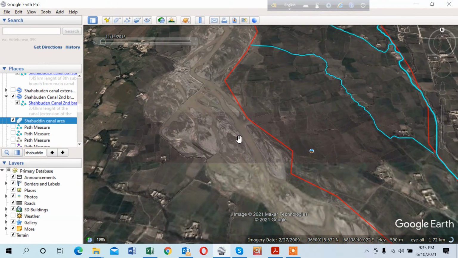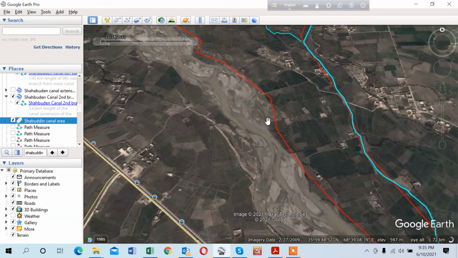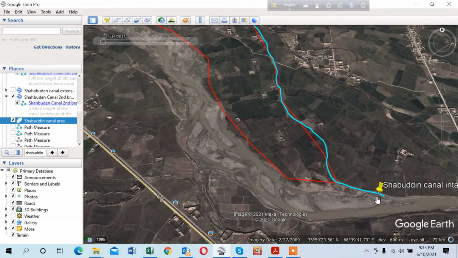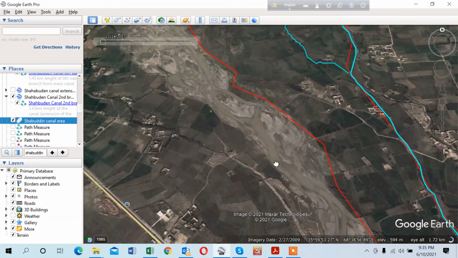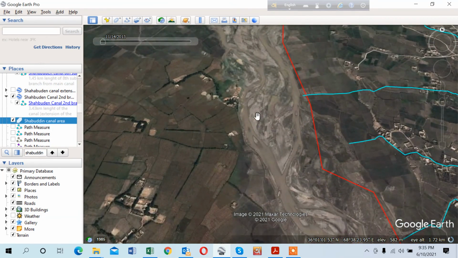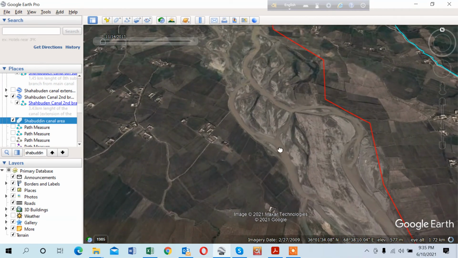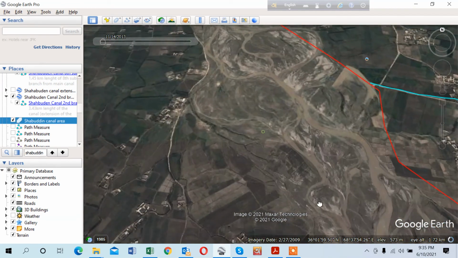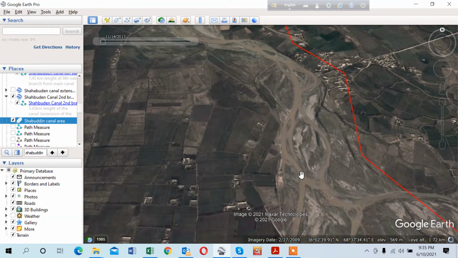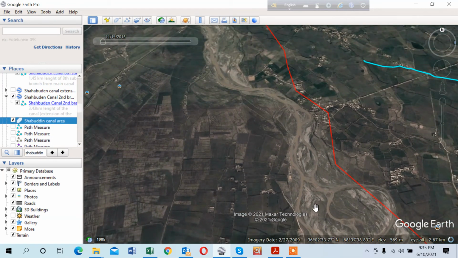So when you plan this Shahabuddin Canal, you have to assess the low water flow of the river, and then you have to assess also the irrigation requirement of the Gurgurak Canal. And there is also another canal here. Here, I think, there is some Wajgari intake over here. So there are many structures here.